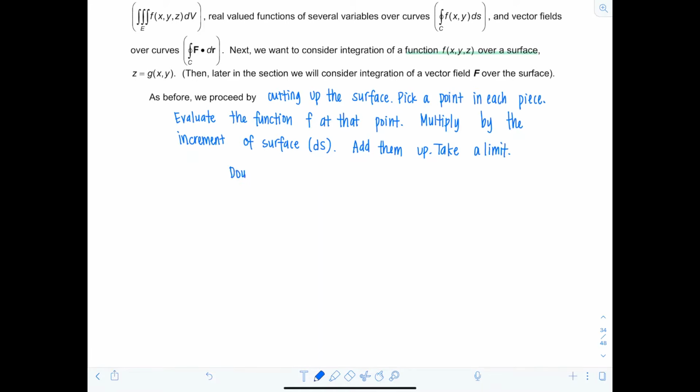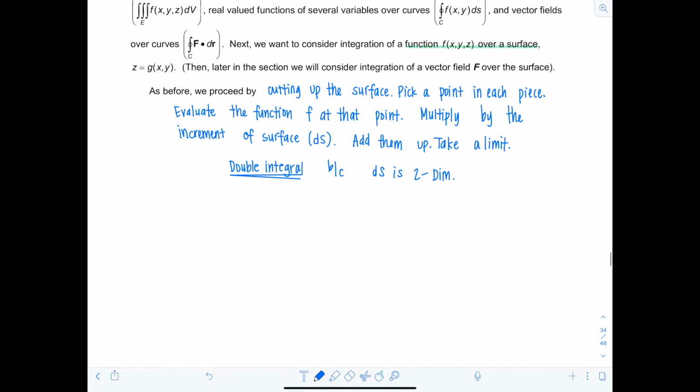Okay, so this is going to be a double integral. Why? Well, you're summing over a surface, right? So ds is a two-dimensional quantity.